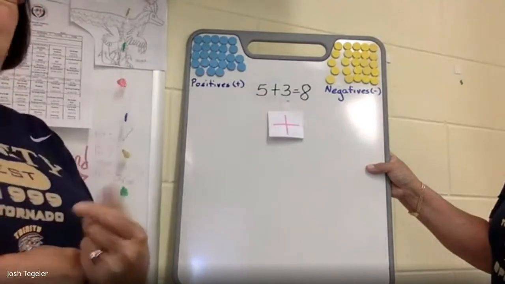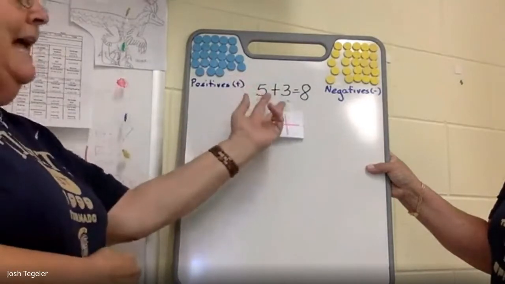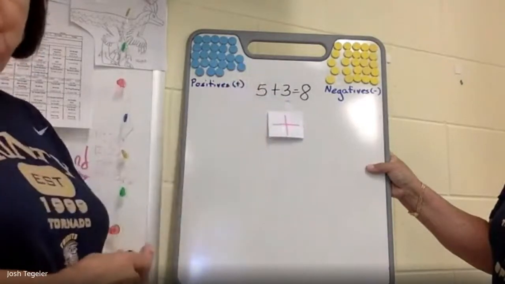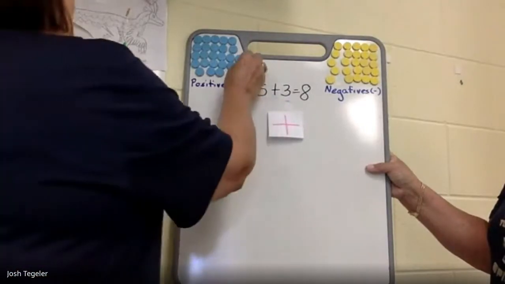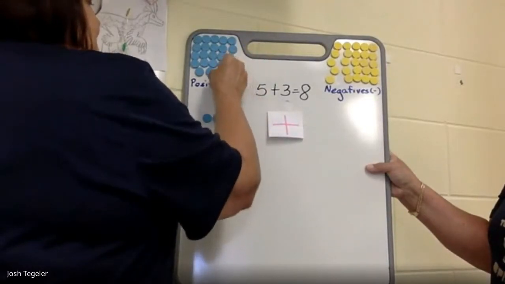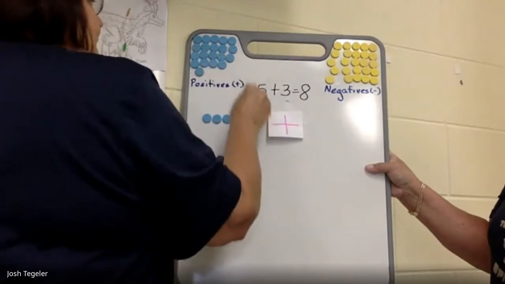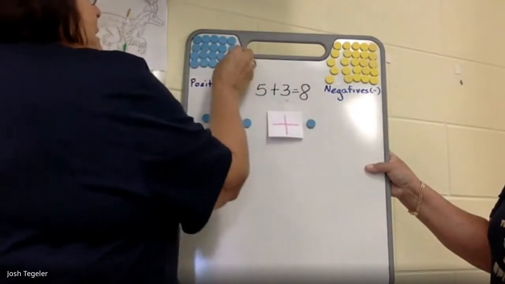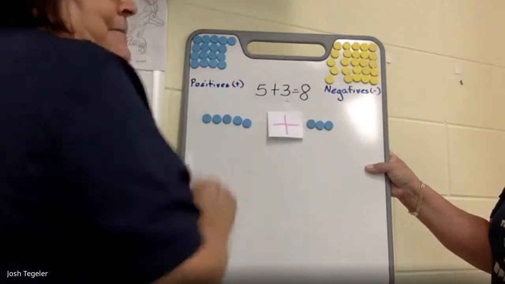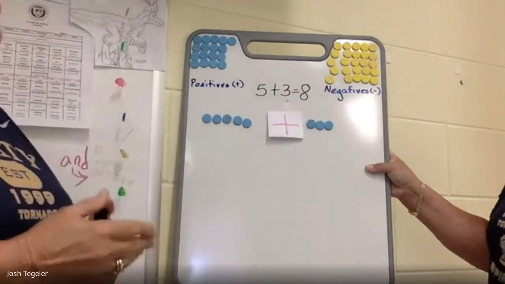If the rule applies, like signs, two positives give me a positive answer. So if I take 5 blue disks and add to it 3 blue discs, notice they're all the same color because they're both the same sign.